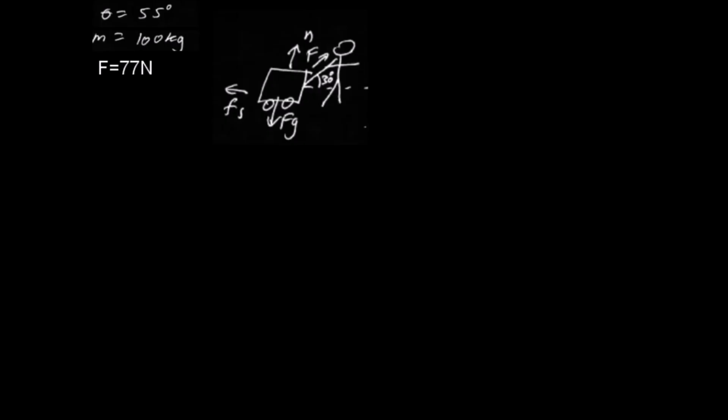And, as we saw, F was equal to ma, meaning a is equal to F over m. So to find our acceleration, we simply take our force in newtons, 77 newtons, and divide it by the mass in kilograms of 100, giving us 0.77 newtons.